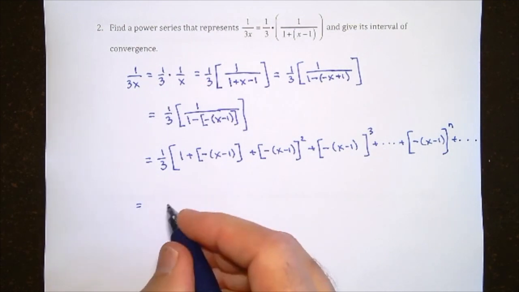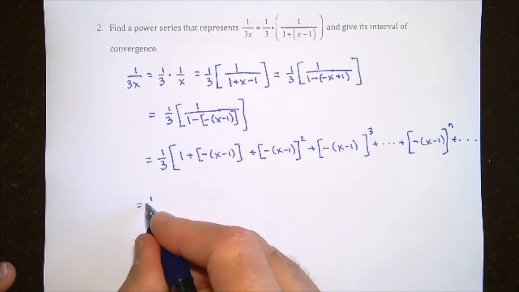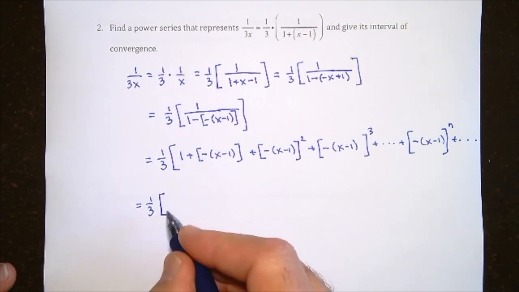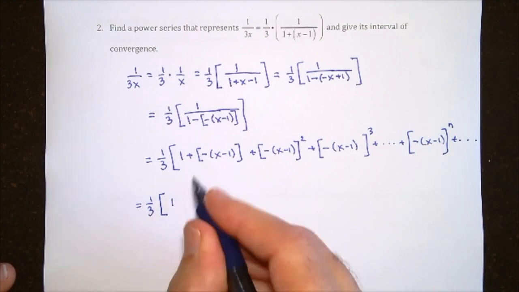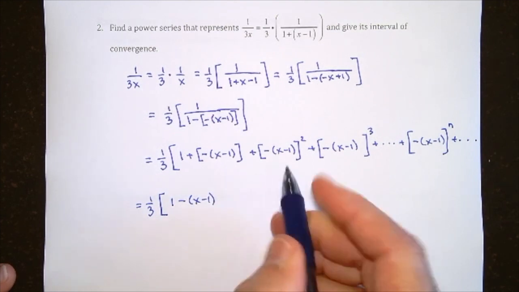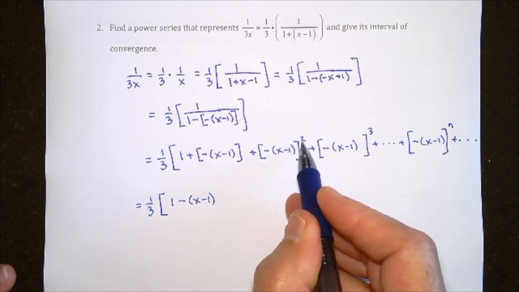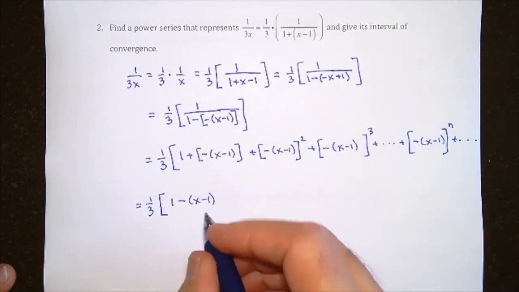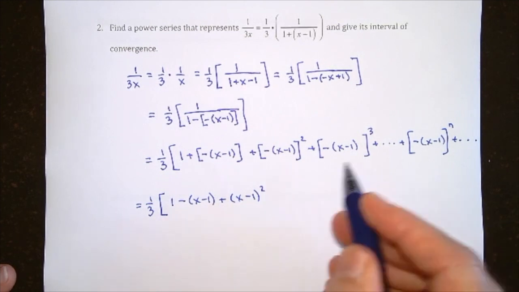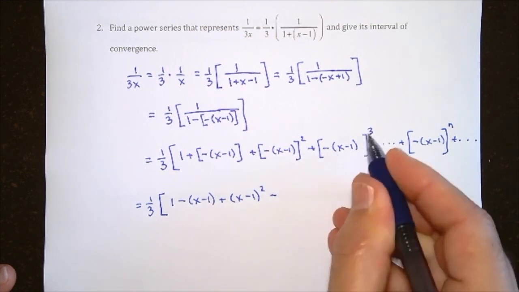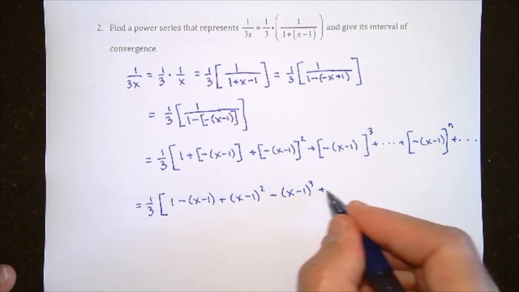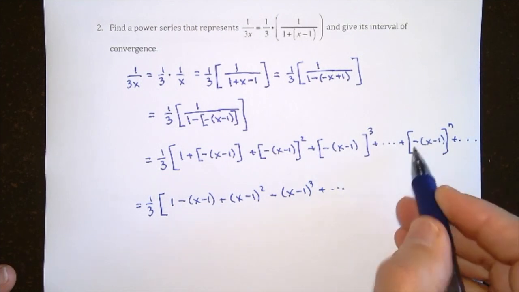Okay, cleaning this up a little bit, this becomes 1/3 bracket, and we have 1, and then this becomes minus x minus 1, and we have negative 1 squared, which would be 1, so plus x minus 1 squared, and then minus, because this is negative 1 cubed, so minus x minus 1 cubed plus dot dot dot.